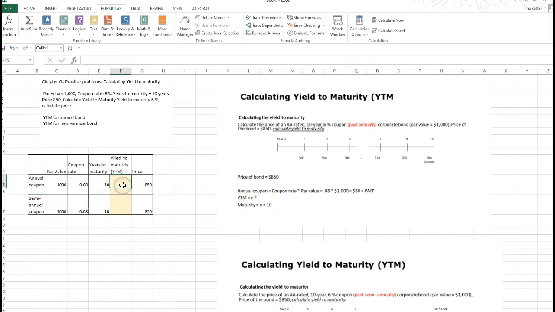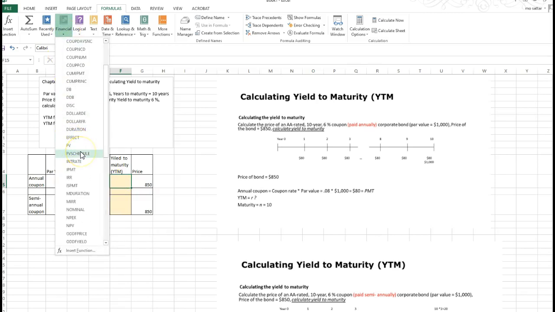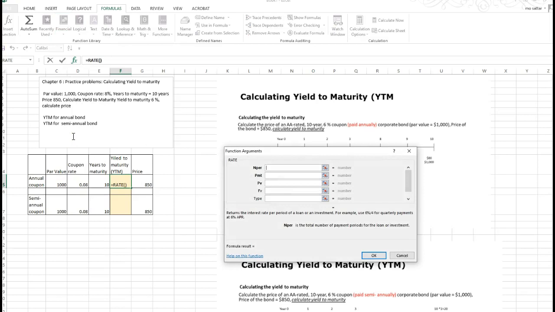So here I'm going to go to the financials, and we go all the way down till we find rate. We're going to calculate the rate, which is going to give us the yield to maturity. The number of periods is going to be 10. PMT is going to be, again, coupon rate times par value.